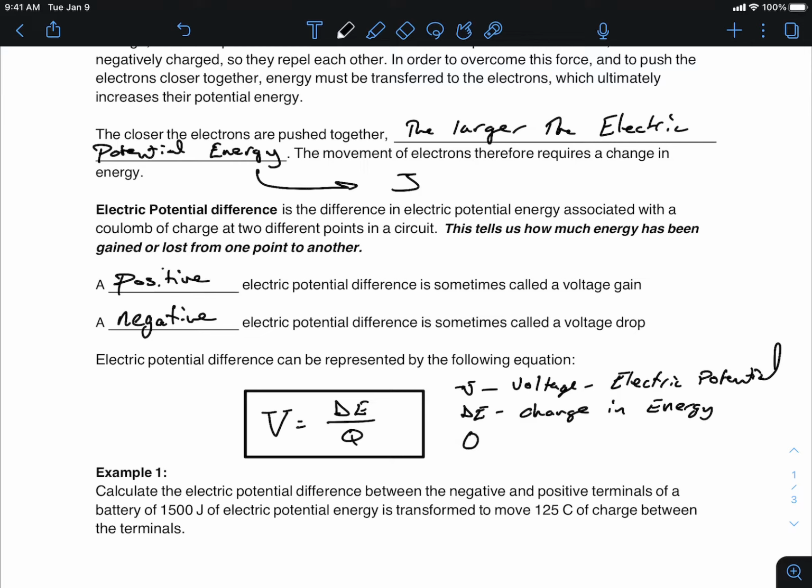And then Q, don't ask me why we used Q for charge, is the amount of charge, measured in coulombs. I always misspell this. Coulombs, there we go. Anybody have any problems so far?